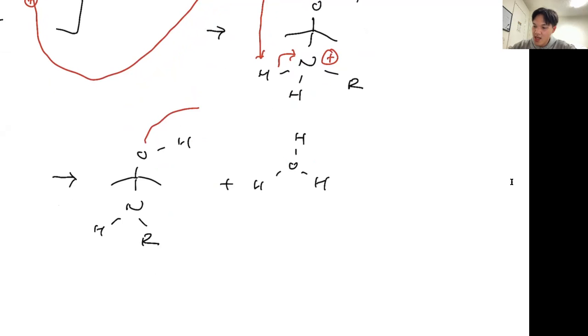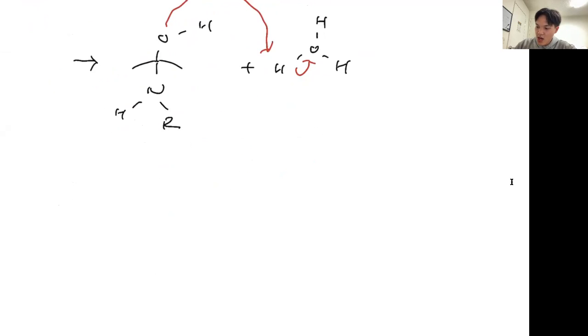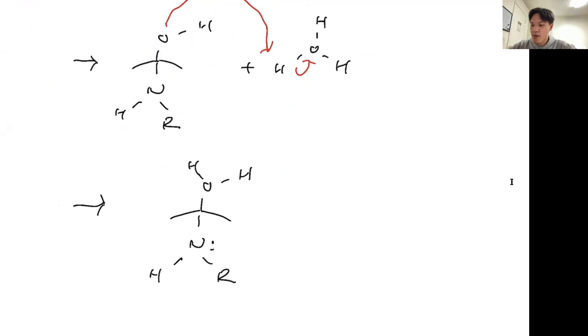And now because of this, oxygen is going to take the acidic proton, OH, H, and then NHR. Keep in mind this has lone pairs, which will be important later on.